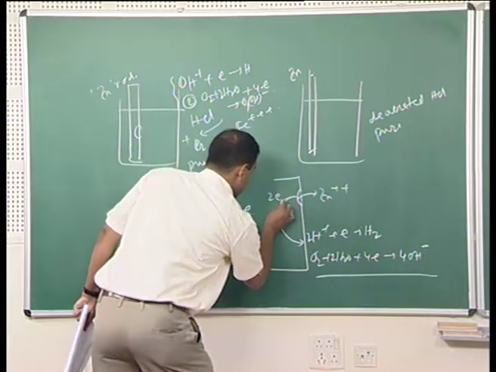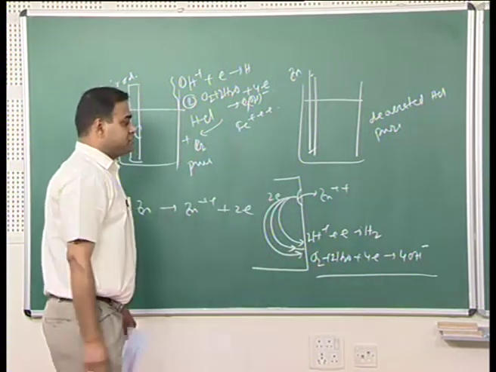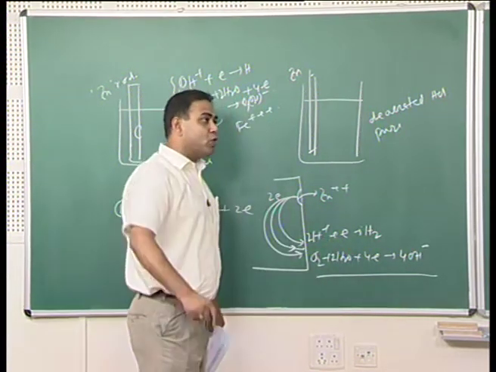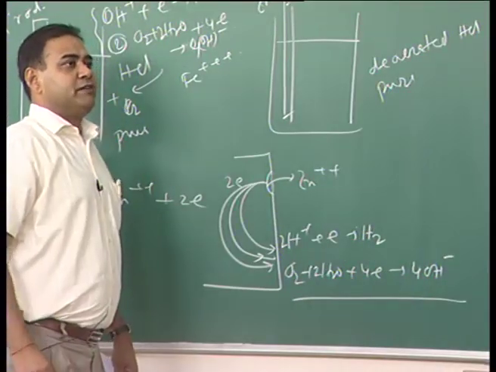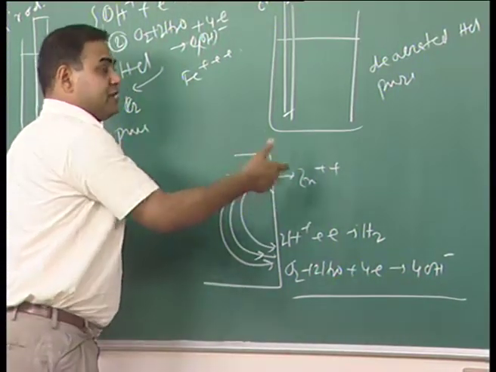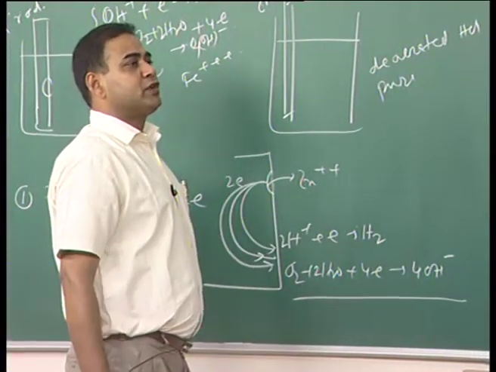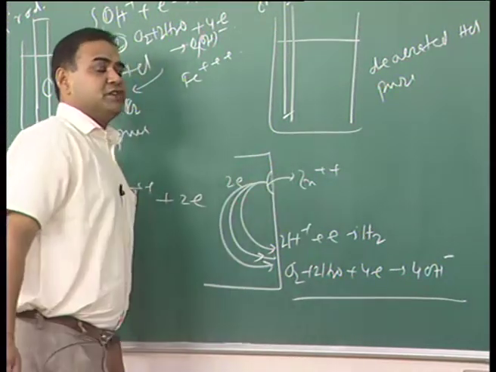So, that means here you have to have more and more electrons supplied to this region, because these two reactions consume more number of electrons, and here in one atom if you consider, then it releases 2 electrons. So, it has to release more and more zinc, more and more electron, and on this way you can have more and more zinc dissolution.